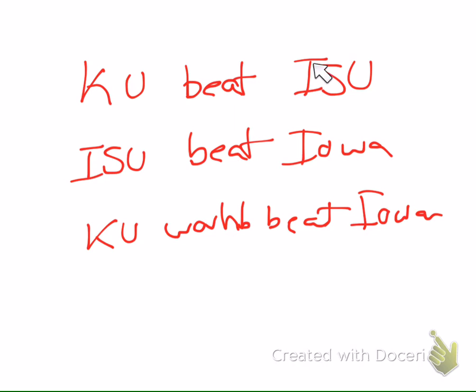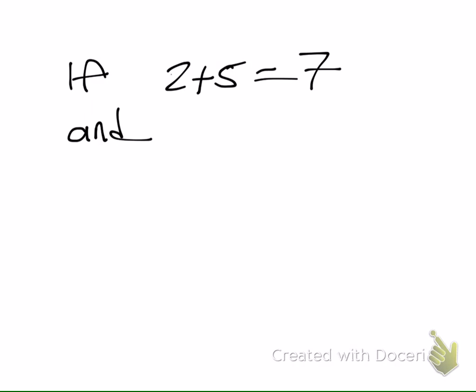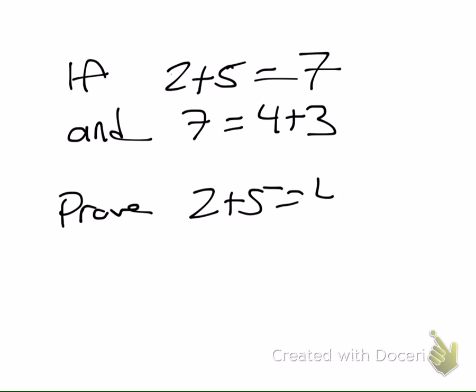But that would be the transitive property. If one thing is equal to another, and that thing is equal to a third thing, then the first thing is equal to the third thing. We call that the transitive property. A proof of that would be, we're just doing real easy algebra proofs here: if 2 plus 5 equals 7, and 7 equals 4 plus 3, prove that 2 plus 5 equals 4 plus 3.